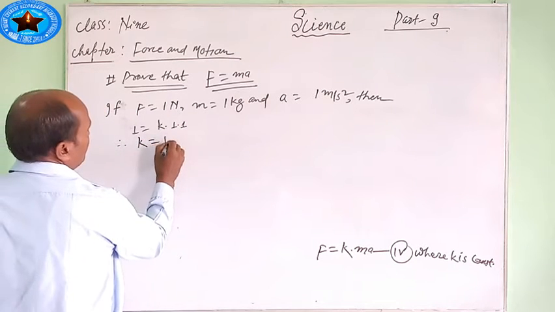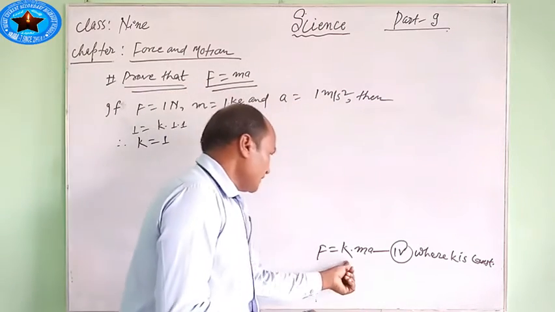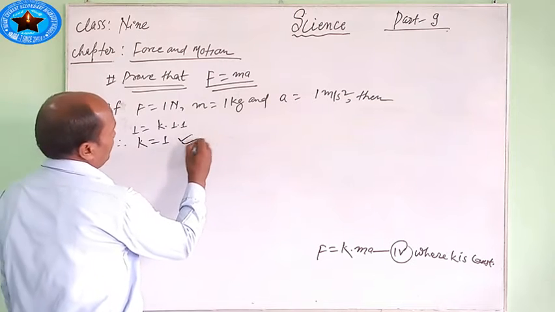Therefore, K is equal to 1. Here we know the value of K. K is equal to 1 now.